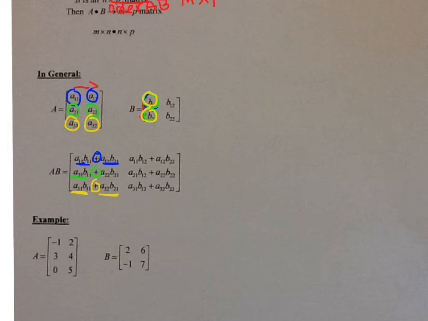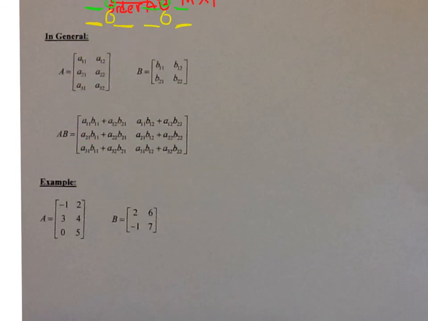So you take this number here, multiply by that number, which gives you this, and add that to this number times this number, and that gives you that number. Then you go on to the next row, multiply by this number in this column, add it to this number times this number, and it gives you that number. And then you go on to the next one. You take this number here, multiply by that number, add it to this number times this number, and it gives you that number.